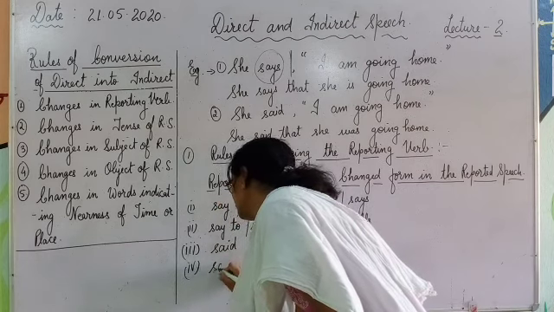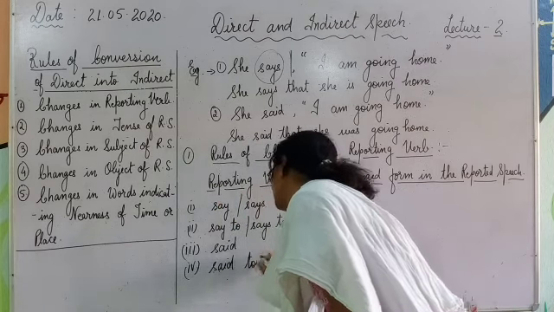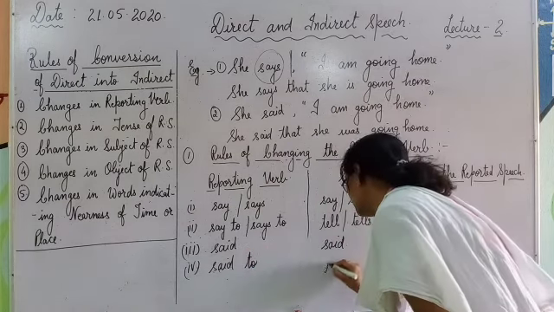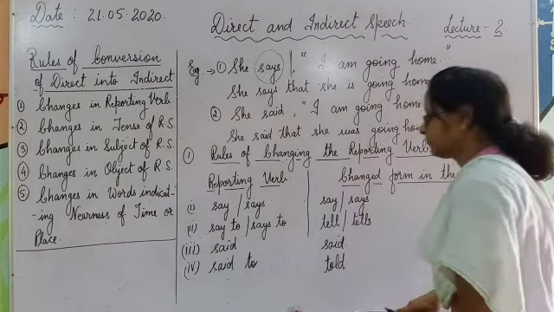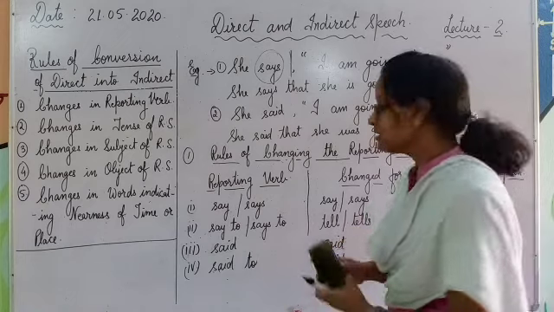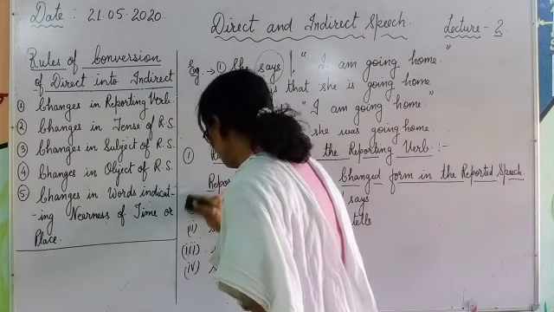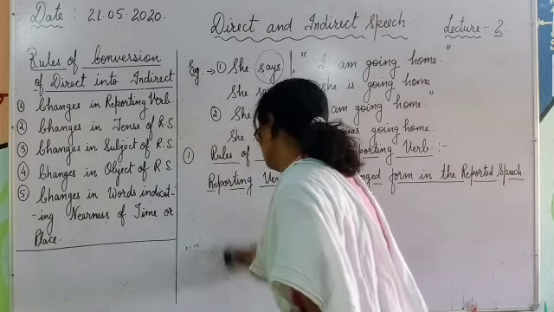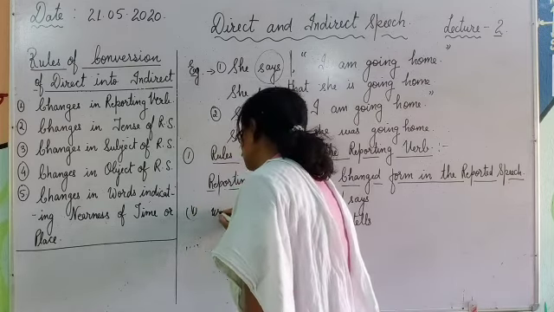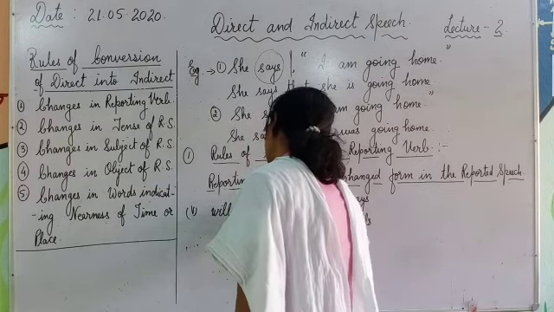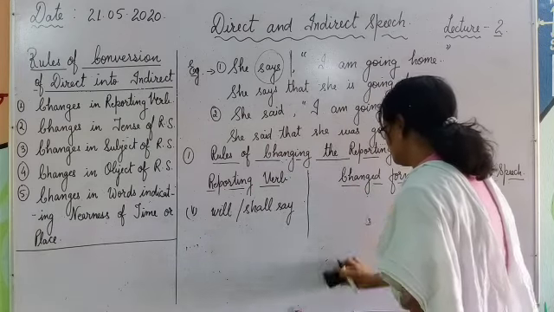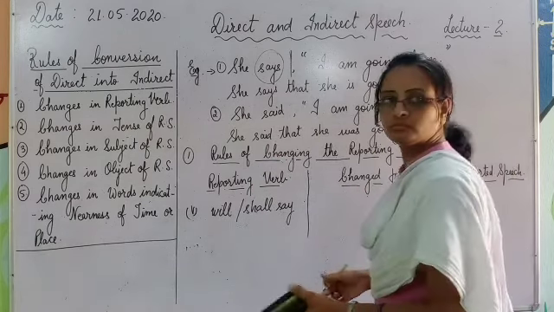If there is said to in the reporting verb in the direct narration, again we have to remove this to, and said will change into told. Right? Present tense is covered, past tense is covered. Now, two more changes with the future. Look here. In the future, if it is will or shall say, it will not change.